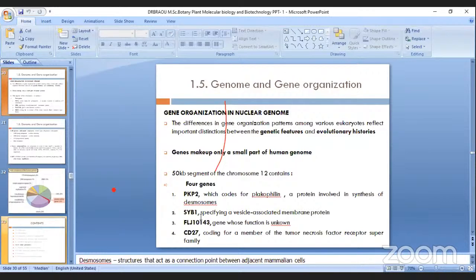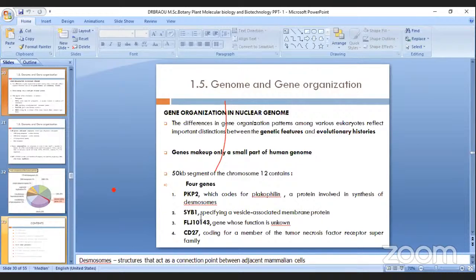For example, if we study a 50 kb segment of chromosome 12, what all does it have? It contains 4 genes. They are PKP2, SYB1, some unknown gene, and CD27.